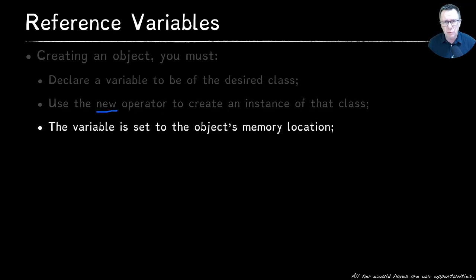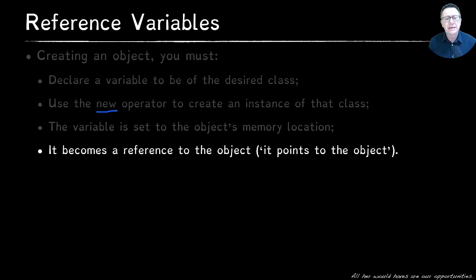Now the variable that we've created is set to the object's memory location, and it becomes a reference to the object. So we've got our object and we've got the identifier, the name, etc. And it really points to that object, points to where it's located.